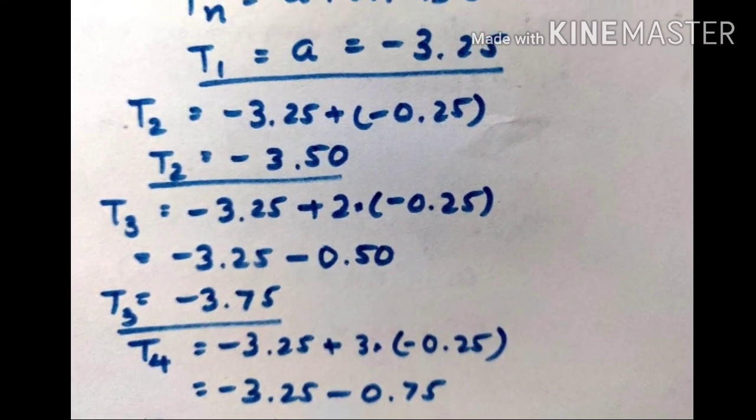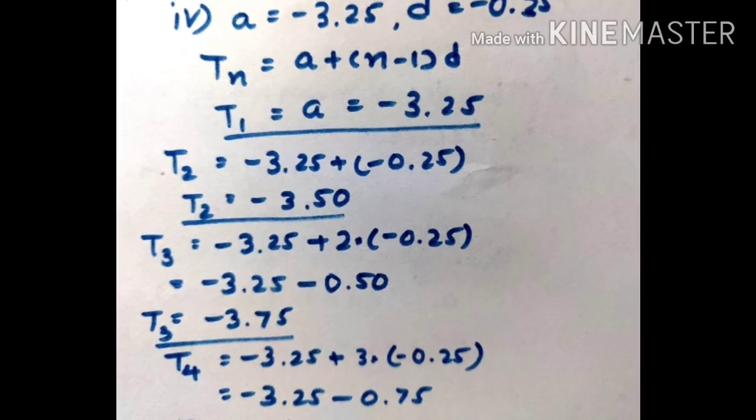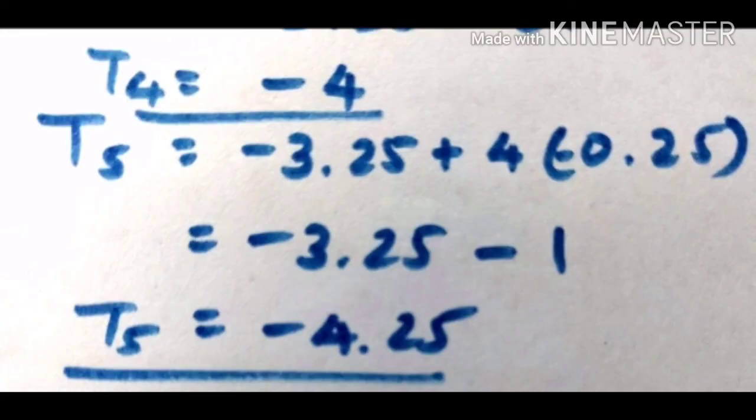Now we find our last term of this arithmetic progression, that is T5 is equal to minus 3.25 plus 4. How 4? 5 minus 1. 5 minus 1 is 4 into the difference d. Difference is minus 0.25. So minus 3.25 minus, 25 fours are 100, and that is 1.00.